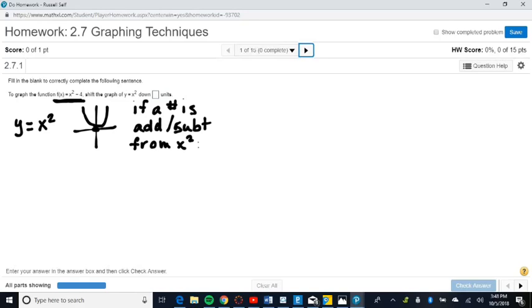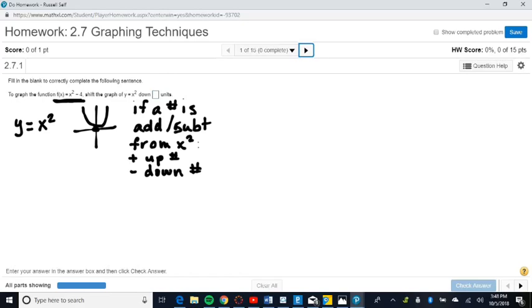Okay? If it's added, then what's going to happen is you're going to go up that number of units. The whole graph is just going to shift up and down. And you're going to see that MyMathLab is your friend when you're graphing, because it makes graphing very easy. If it's a negative, instead of going up, you'll go down, however many places that number gives you.